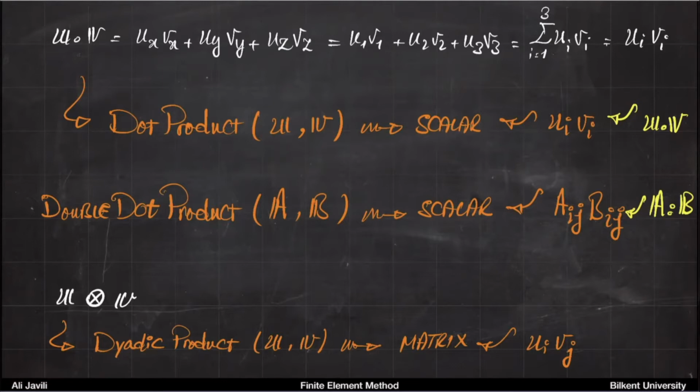And we are going to call this thing u dyadic v. So it looks like that. And if you want to show it, it's going to look like this. You have a, let's say, 3 by 3 matrix.